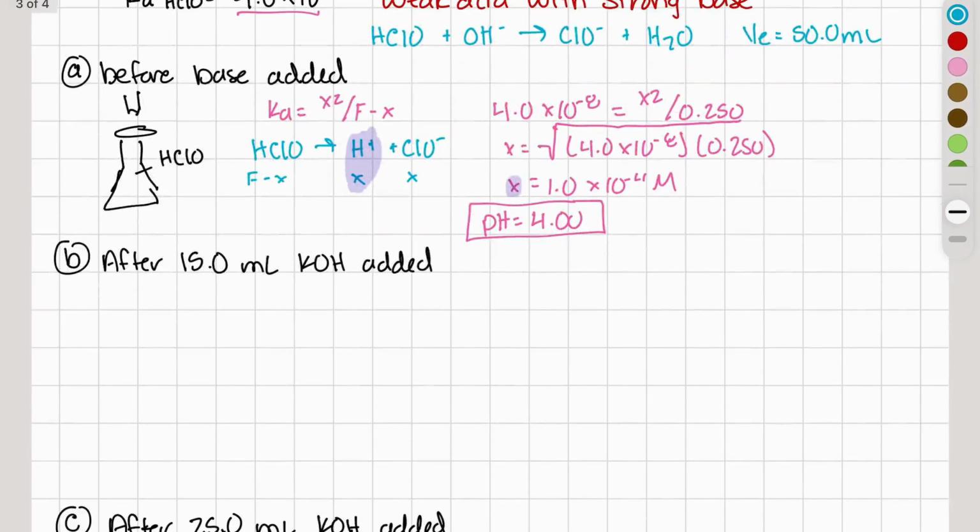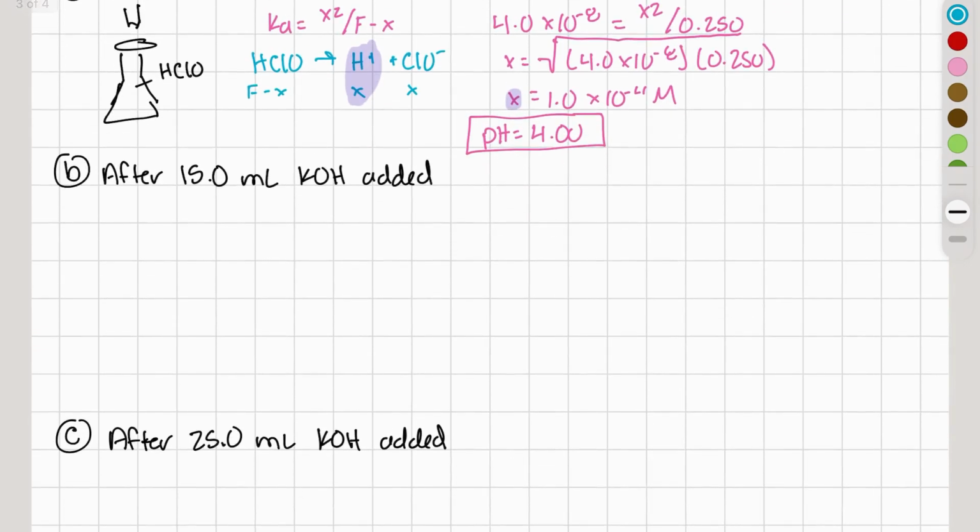So after that, it wants us to find the pH after 15 milliliters of KOH is added. So this is going to be before VE. And so what we're going to do here is we want to think about what actually is this solution. So we have some of that HClO, and we've now actually added some OH, and we have a buffer.